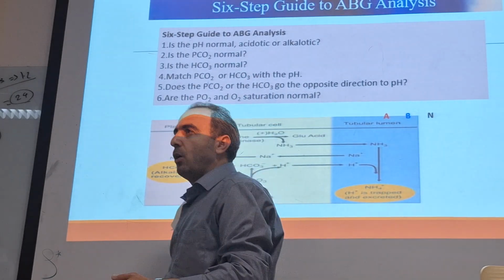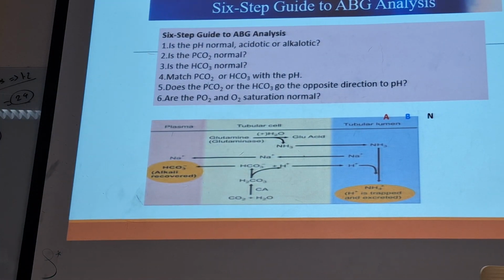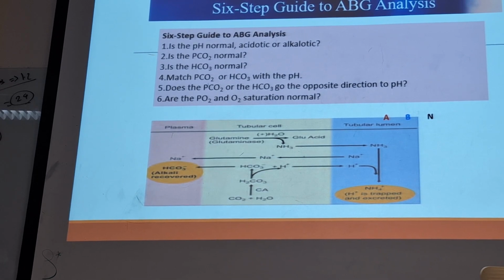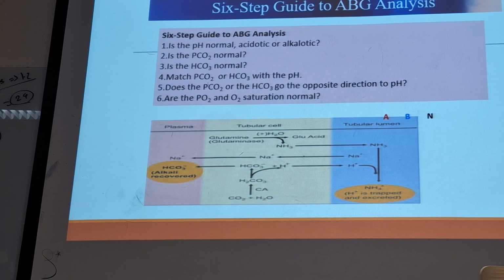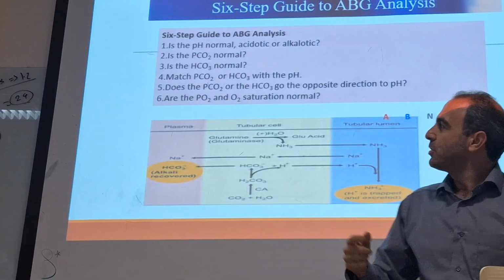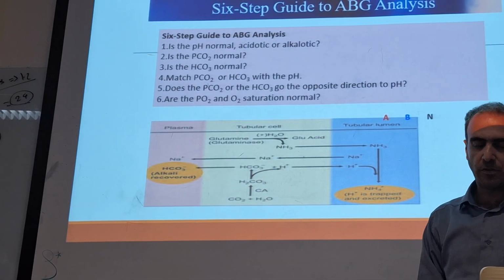For example, in an acidic condition such as metabolic acidosis, bicarbonate is decreased. So if it's metabolic acidosis, bicarbonate should be decreased. If we see acidic and bicarbonate is increased, we should interpret it differently. I will bring some examples so you can understand what I'm saying. So we have acidic, basic, and normal situations.